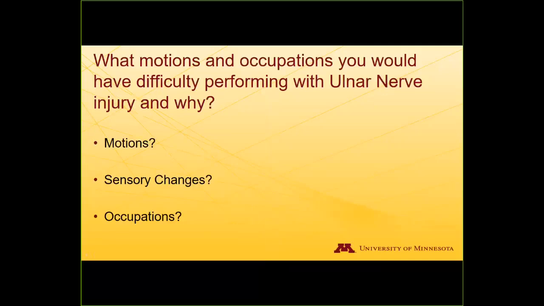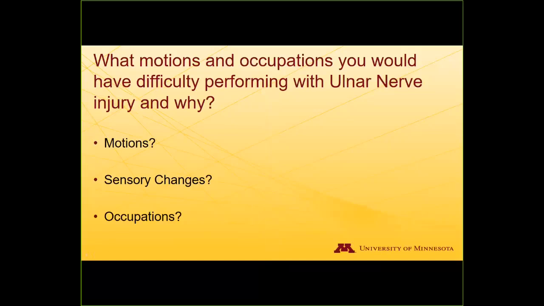Okay, so we're kind of running out of time. So the motions that a person is going to have a hard time doing depend on how high the nerve has been damaged. If it's been damaged all the way up at the level of the elbow, where the flexor digitorum profundus and also the flexor carpi ulnaris are innervated, then certainly we could have problems, because the flexor digitorum profundus flexes the DIP joints to the ulnar side of the hand.